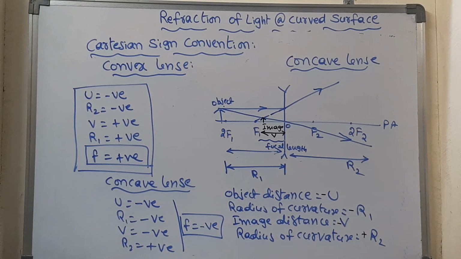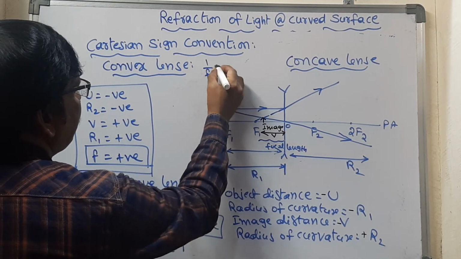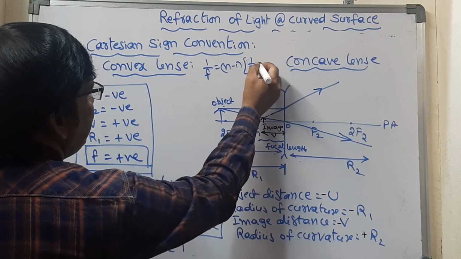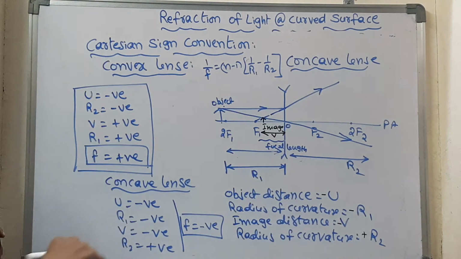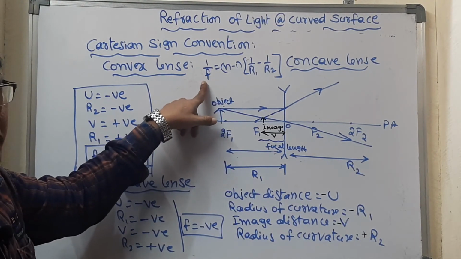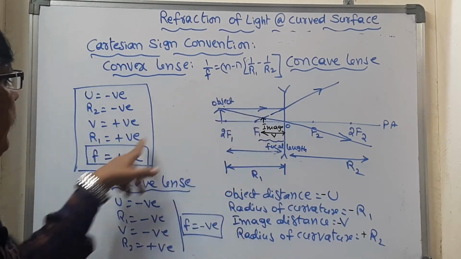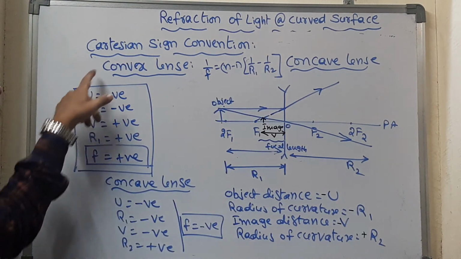And in any case, what formula will we use for the lens maker's formula? In the lens maker's formula we use 1/f = (n - 1)(1/R1 - 1/R2). If this formula is given for a convex lens, f is positive, R1 is positive, and R2 is negative.